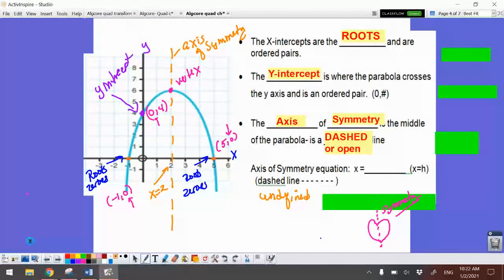In this case, it would be x equals 2. That would be my equation of this image. And now, the other thing I want to realize is that my vertex is 2, 6. So these numbers, the 2's, match.